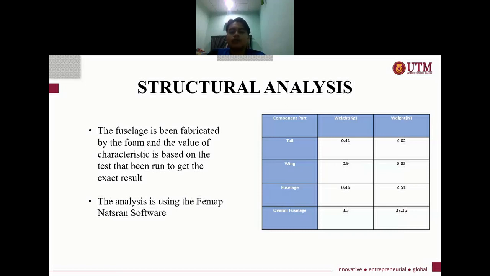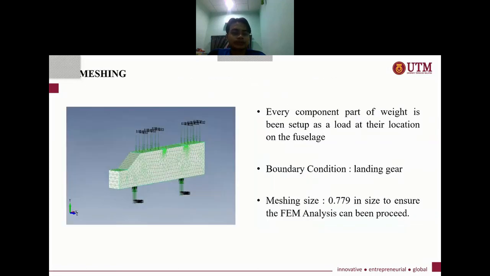So it sums up to 32.36 Newton for the overall weight.